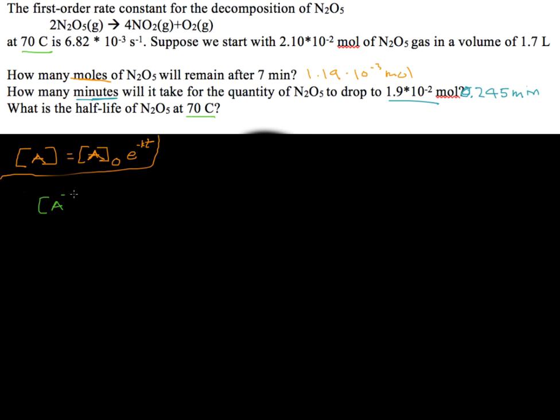What we're trying to solve is where our final concentration will be equal to the initial divided by 2, because it's half-life, so this is the same as 1/2 concentration initial.